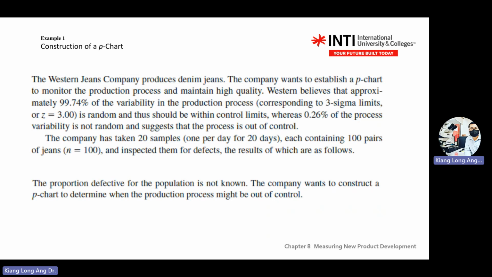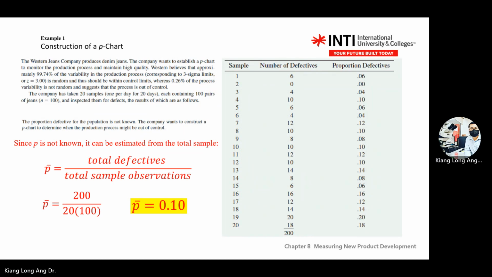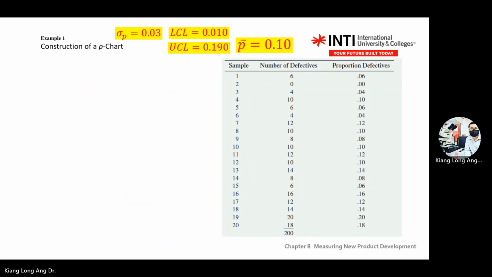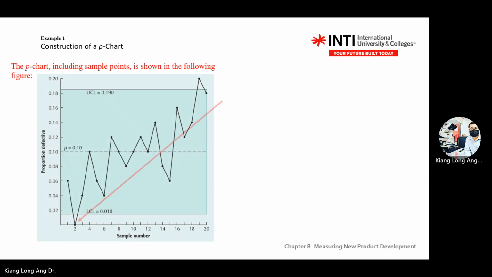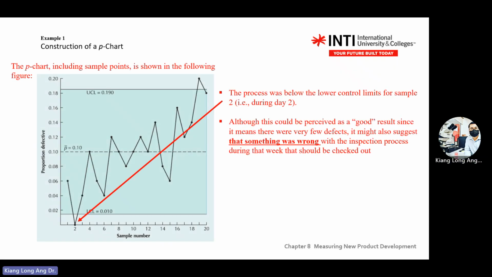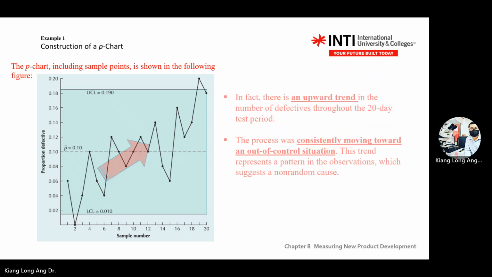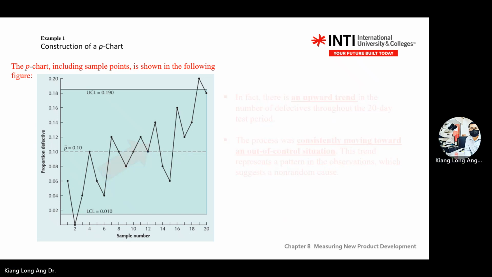So your Z is 3. Read carefully whether it's 99 or other numbers. As you read, is it an upward or downward trend, or in control?